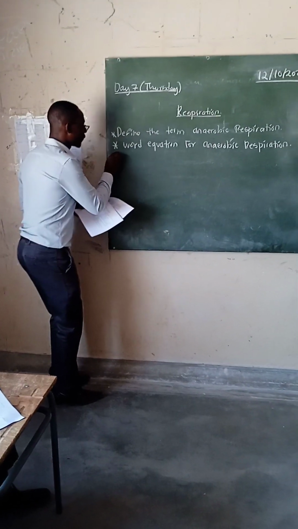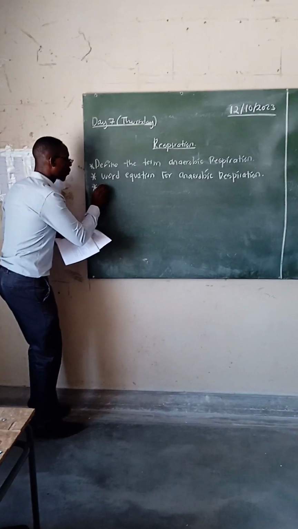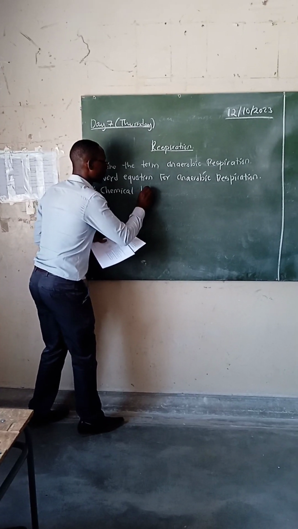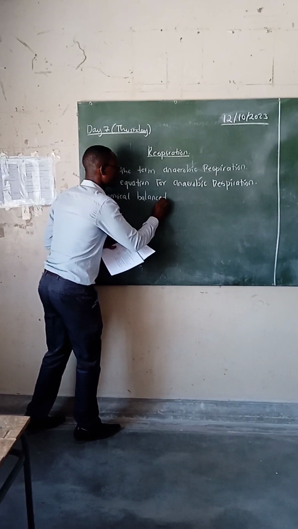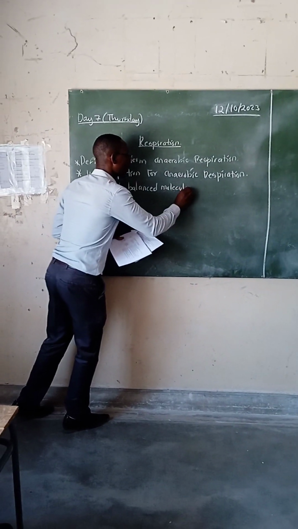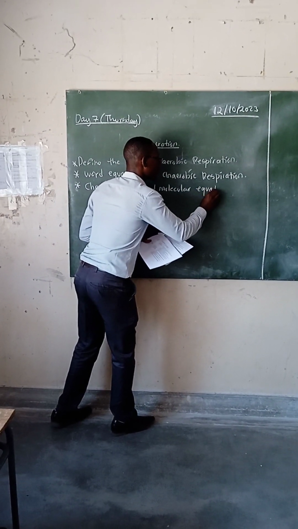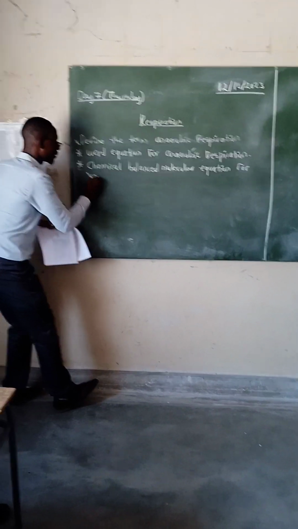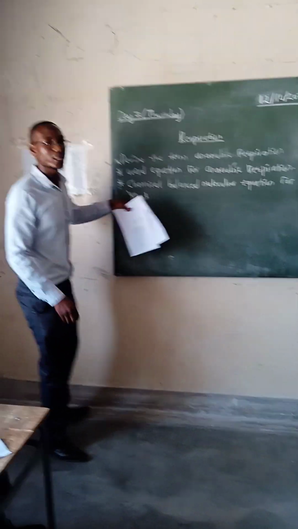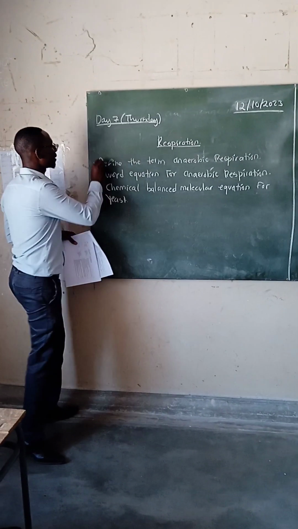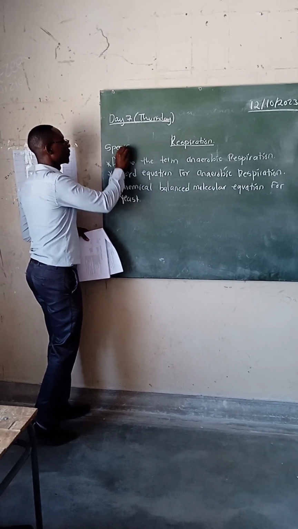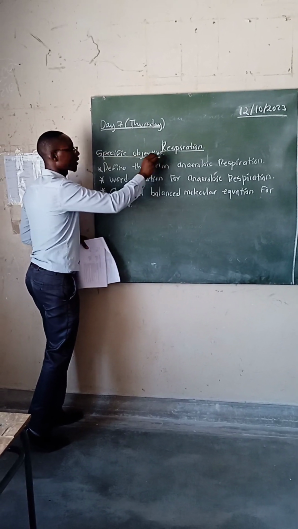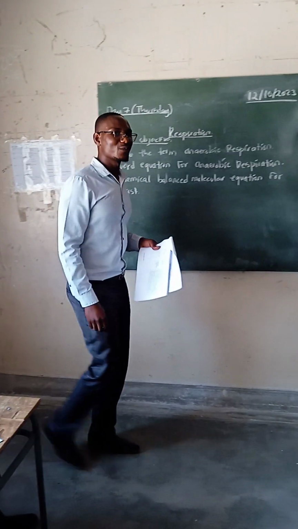Not only the word equation, but also the chemical balanced molecular equation for yeast. We will discuss what yeast is, but for today we'll just look at the equation for yeast. These are the specific objectives for today. This is what I want you to know just for this lesson. Are we okay?